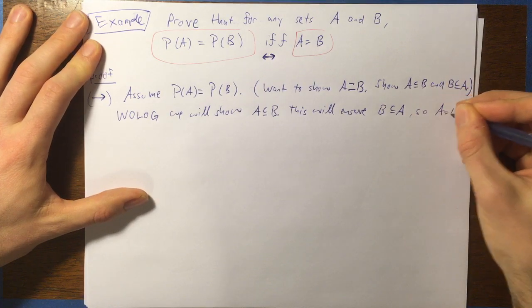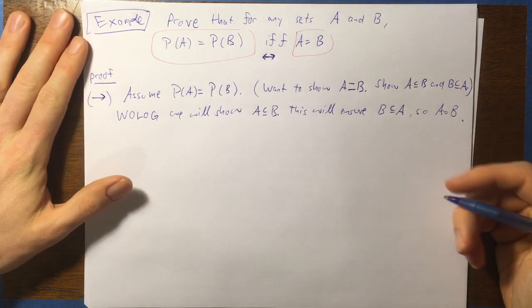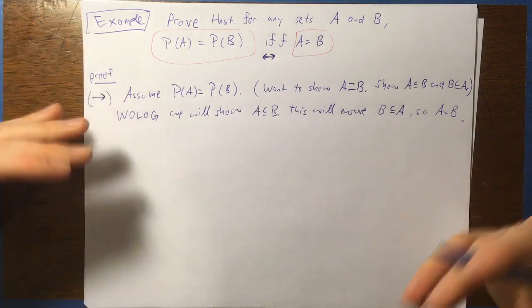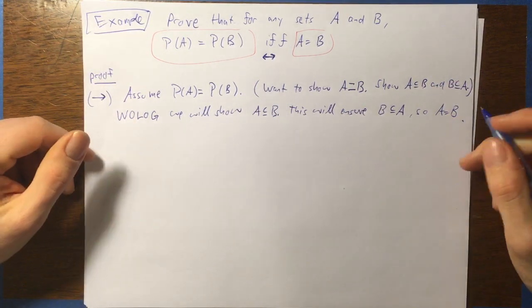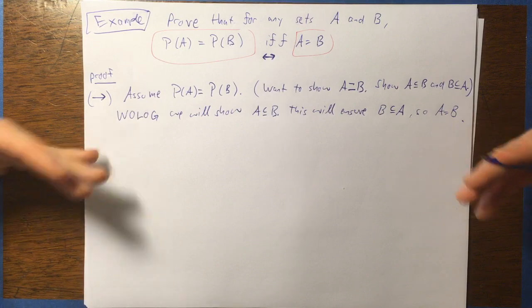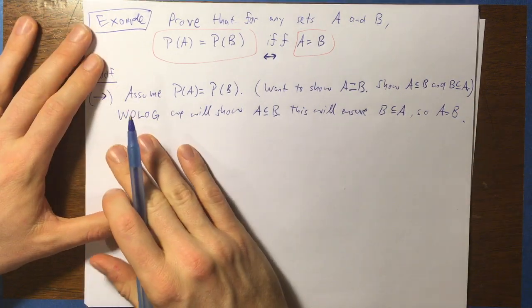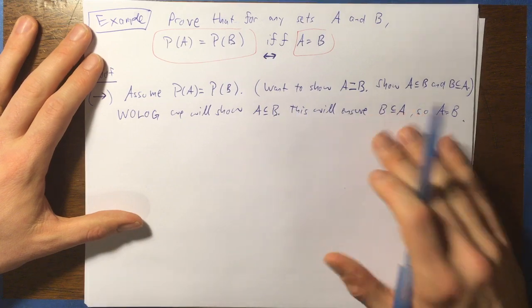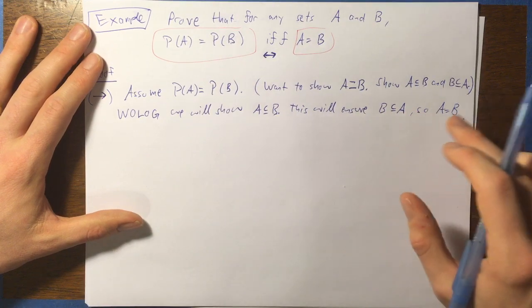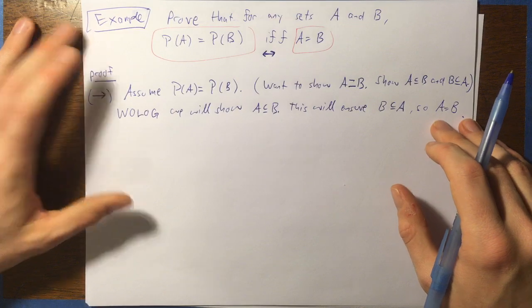So A will equal B. When you're proving something, it sometimes is useful to state what you're going to do, because then it says to the reader, here's where we're going with this. Follow me along. So without loss of generality, we're going to show that A is a subset of B, and this will also show that B is a subset of A, and so A will equal B. All right, that's our goal.